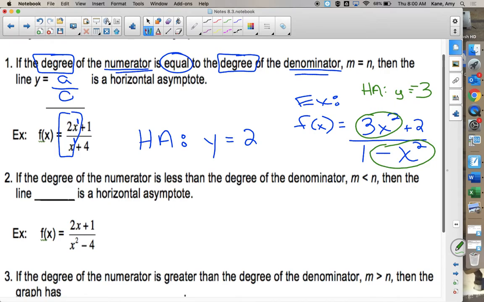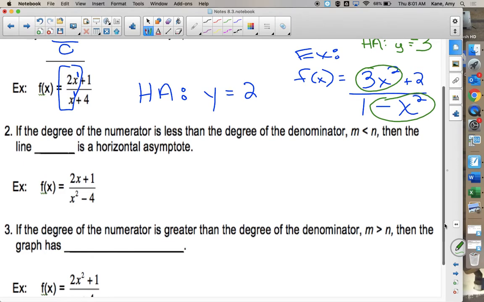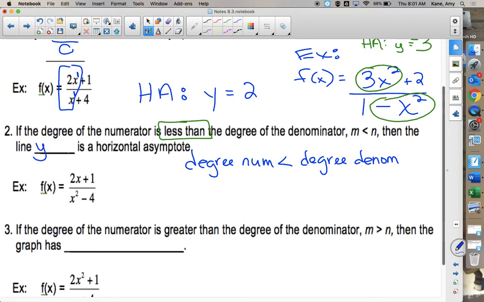Number 2 says if the degree of the numerator is less than the degree of the denominator. So now we have a second condition. The first one equals. This one says less than. So the power on the top is less than the power on the bottom, then the line y equals 0 is the horizontal asymptote.